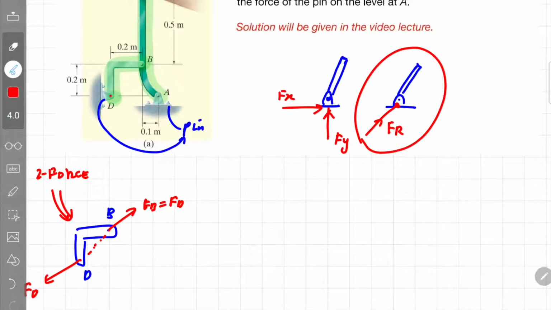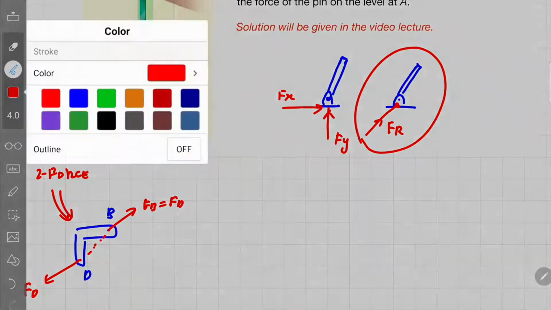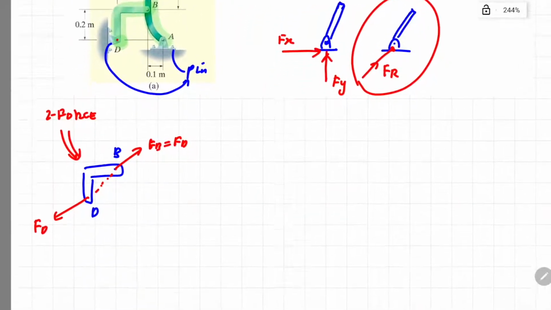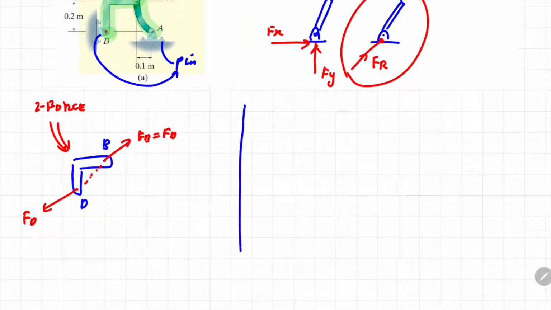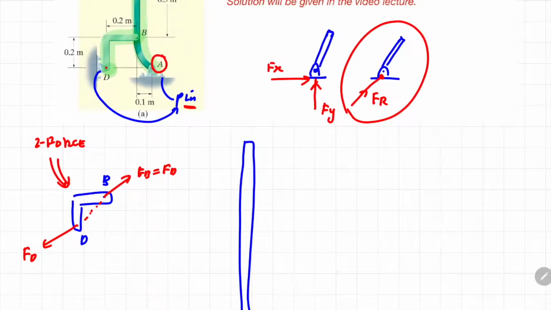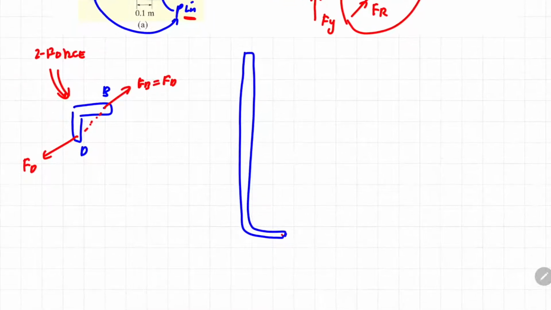Now we are actually interested in the lever ABC, not BD. So if I were to redraw the joint of ABC over here, I know A is actually a pin, so I can draw the resultant force of a pin probably like this.